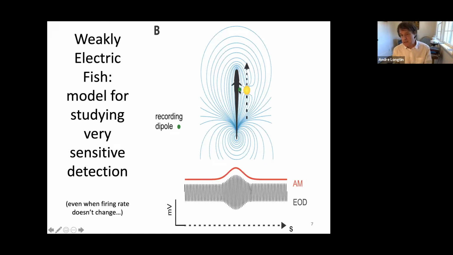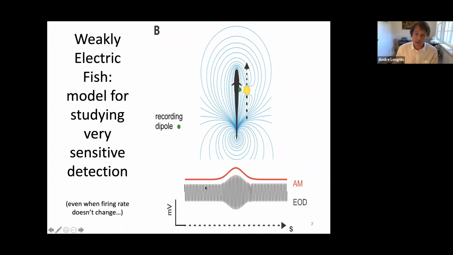Basically, it's like a visual system or a sense of touch that uses electric fields. The animal generates an electric organ discharge, which is like a sinusoid from its tail, and sets up a dipolar field that oscillates at about 1,000 hertz. When an object comes by, you have a distortion of the field lines, and that produces, for example, an increase in the amplitude of the carrier here.